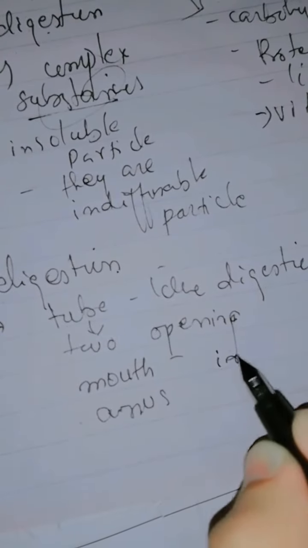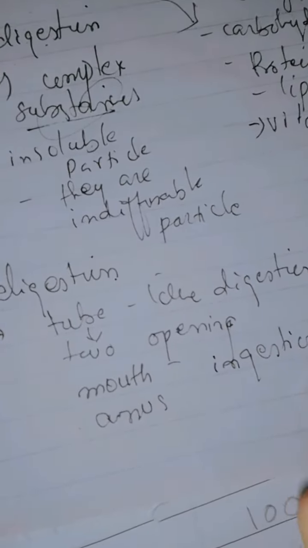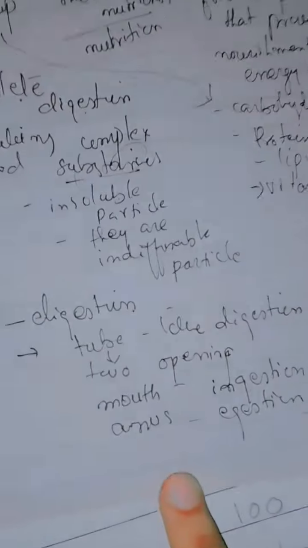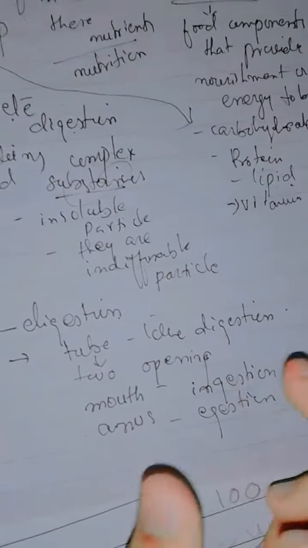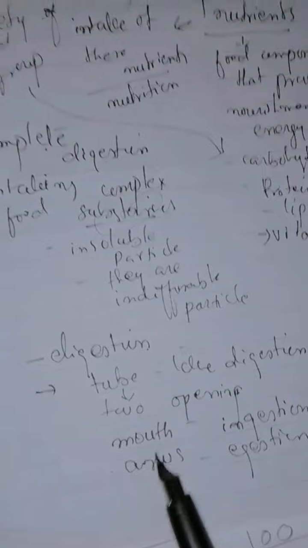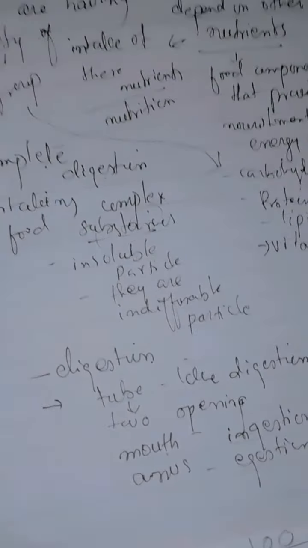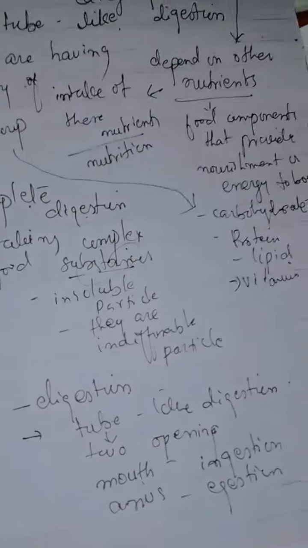Mouth, from where ingestion will occur, and anus, where egestion will occur. So we have two openings: the mouth from where we intake the food, and the anus from where the undigested food particles are removed from the body.